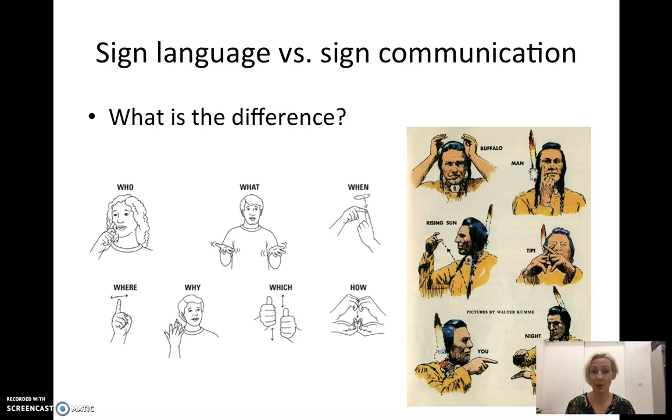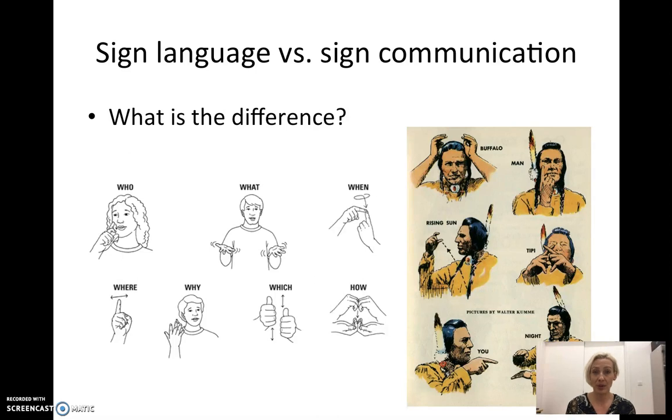So, for example, the sign for where is this, right? The sign for why is this. Well, the main difference is that this really looks like the buffalo, and this really looks like the rising sun.